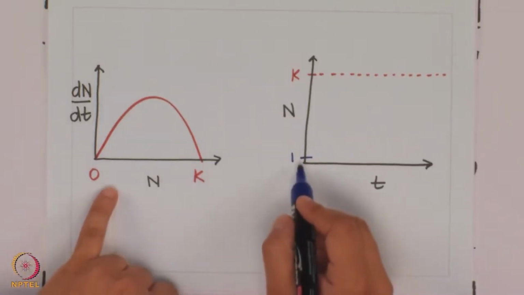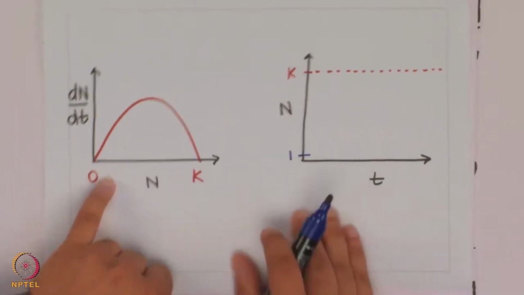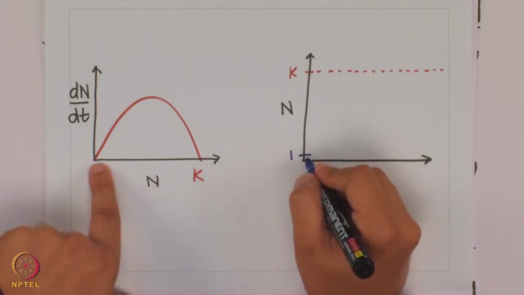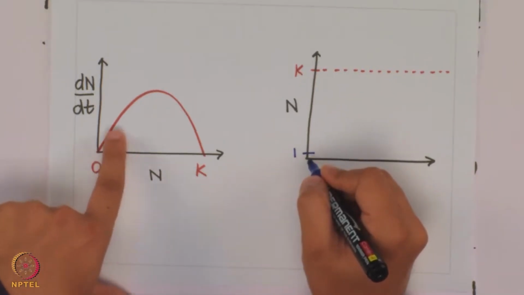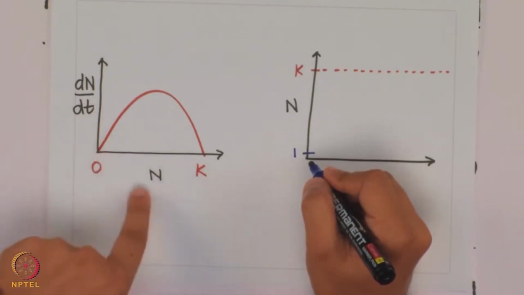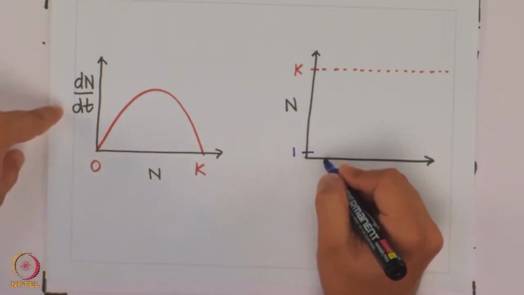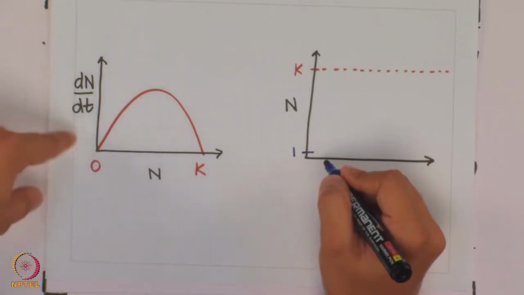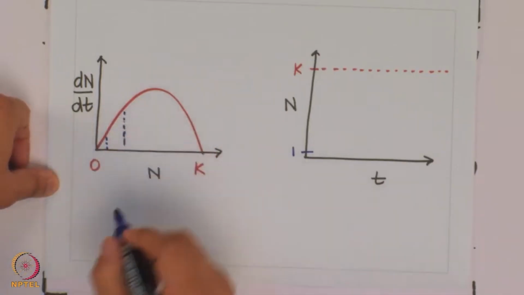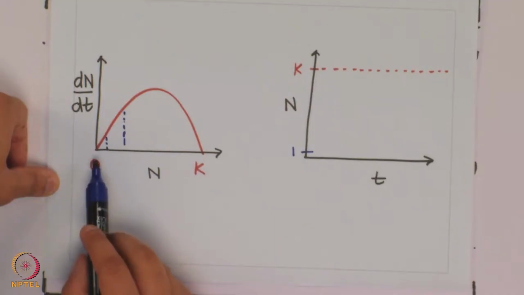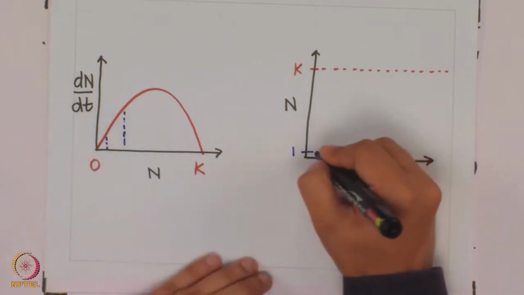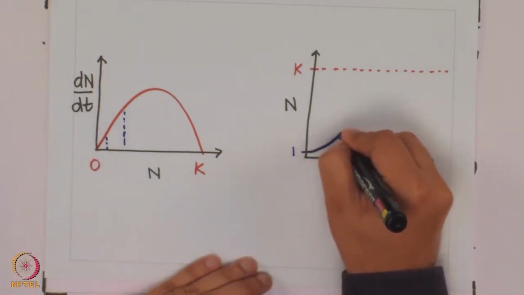So right now we are at n equal to 1, which is a very small value of n. So we are somewhere here, and as we go forward in time, n increases, but as n increases, the rate at which the change in the number of individuals is happening with time also increases, which means as I go forward in time, the change is happening more and more rapidly. dn by dt at this point is much higher compared to dn by dt at this point, which means more individuals per unit time are being added here as compared to at a lower value of n, which means that as I go forward in time, the population growth speeds up.